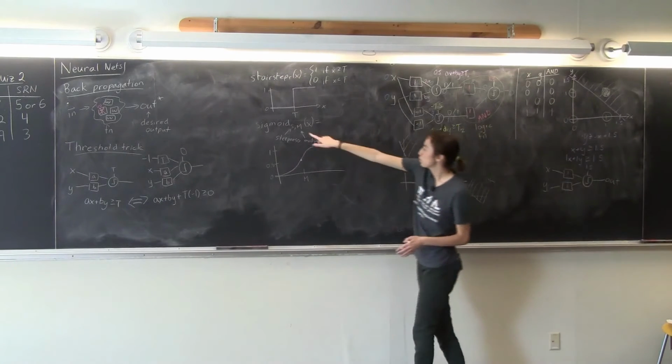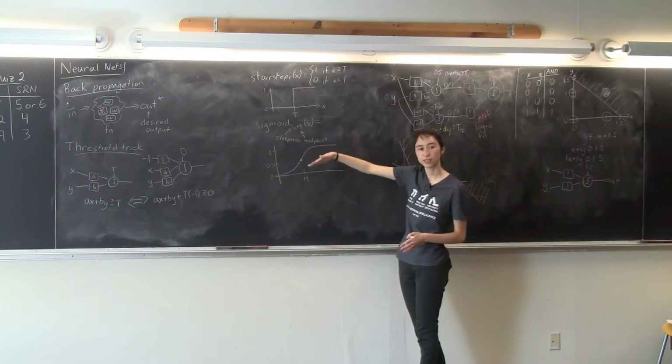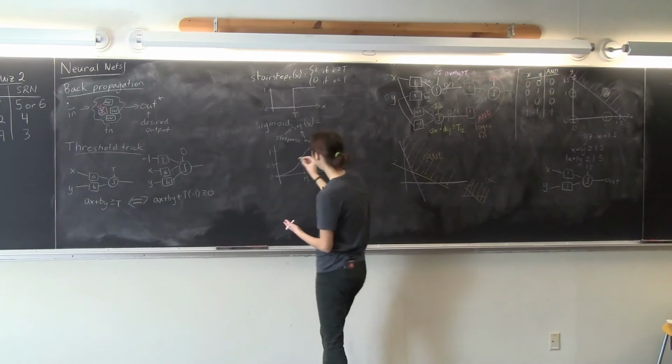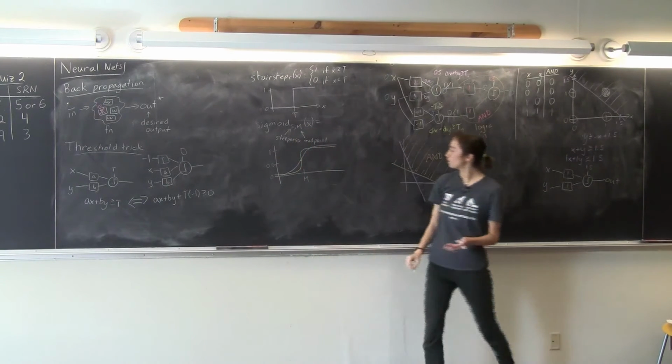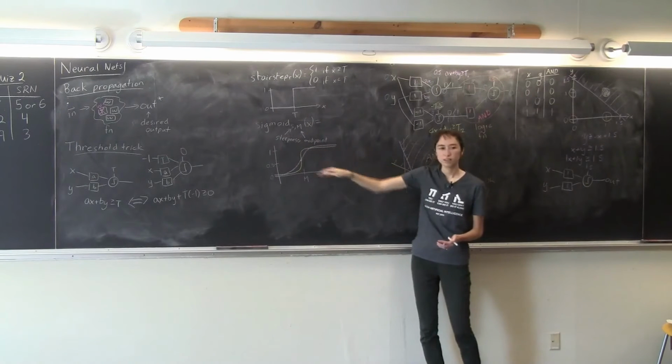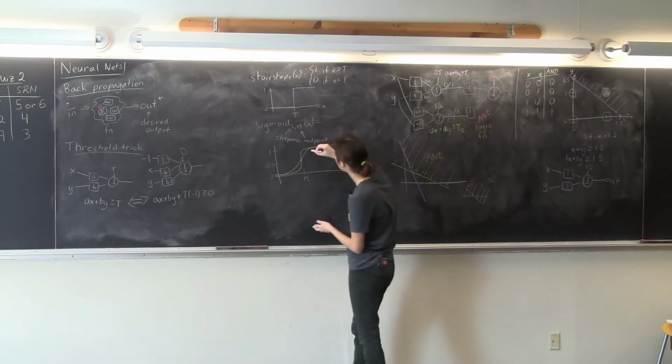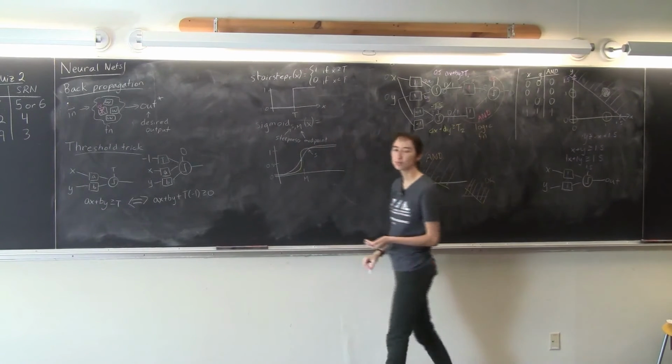And then it'll have the steepness parameter, which determines how sharply it goes up. So another sigmoid could look something like this, which is steeper. And that's just determined by the steepness S.